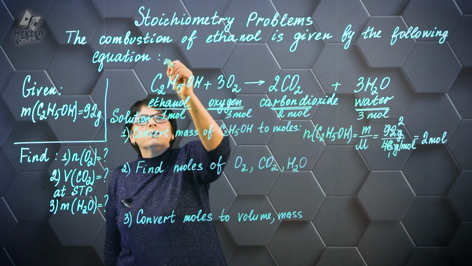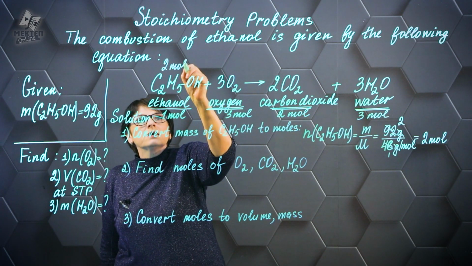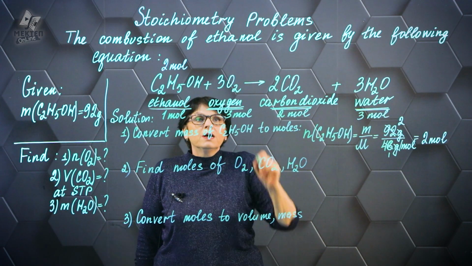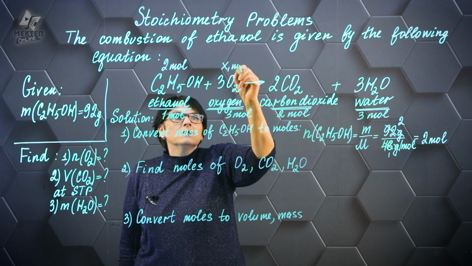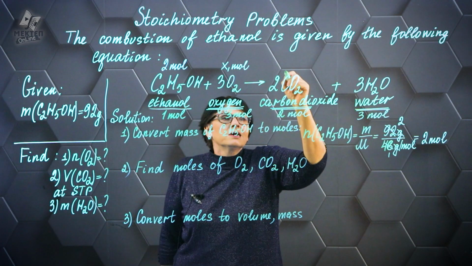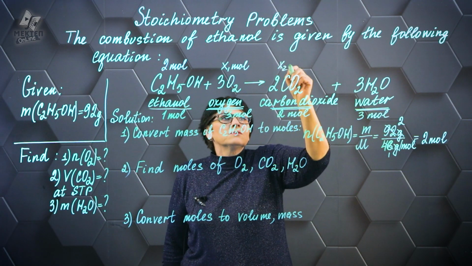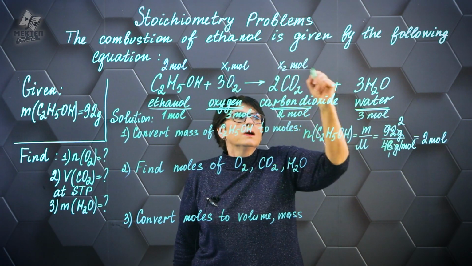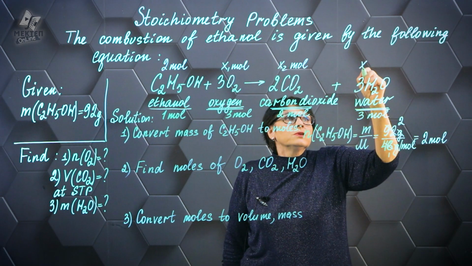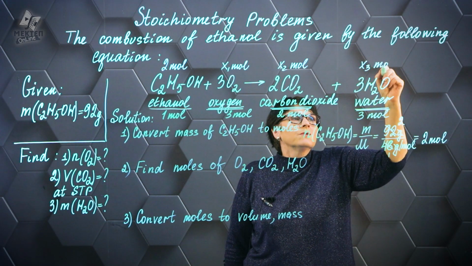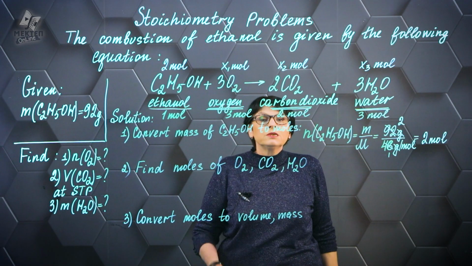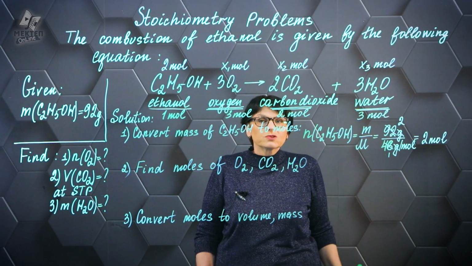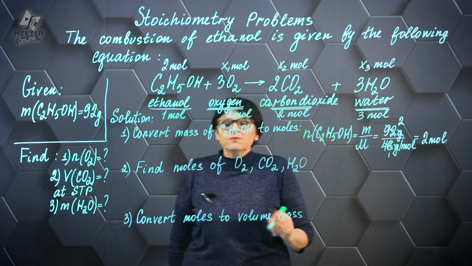Let's write these 2 moles above the ethanol. Then oxygen, respectively, will be X1 moles. For CO2, it will be X2 moles. For water, it will be X3 moles. Next, we need to find how many moles there are of each of the substances according to the condition of our problem.